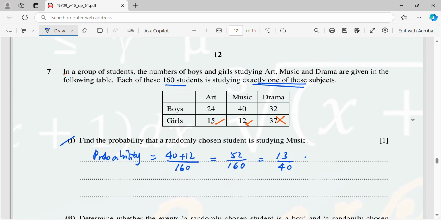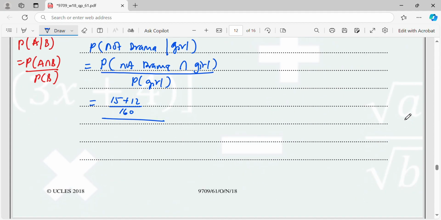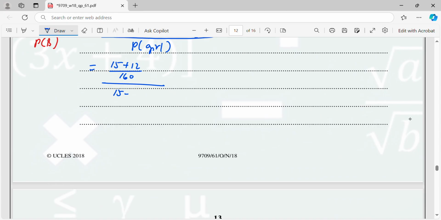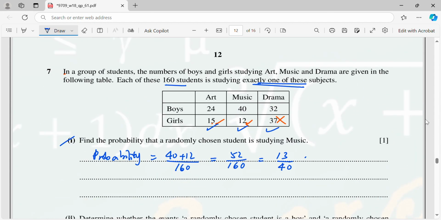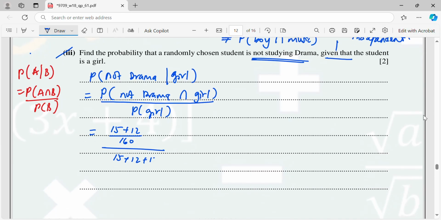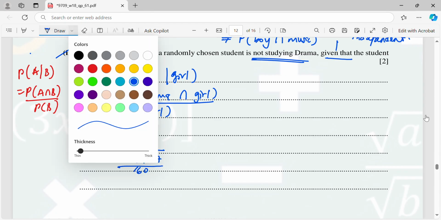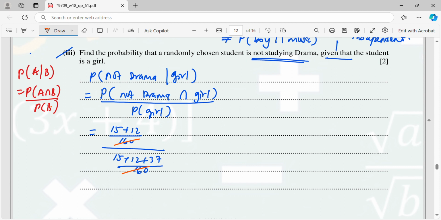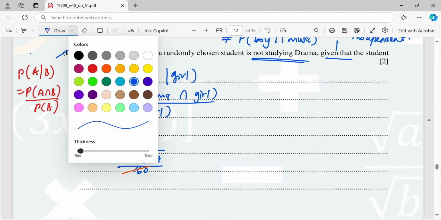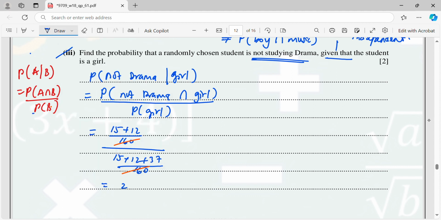A girl is the summation of these three, so I get 15 plus 12 plus the last one, 37, over 160. The 160 no need to write because it will be cancelled off. So from here I will be getting 27 over 64.